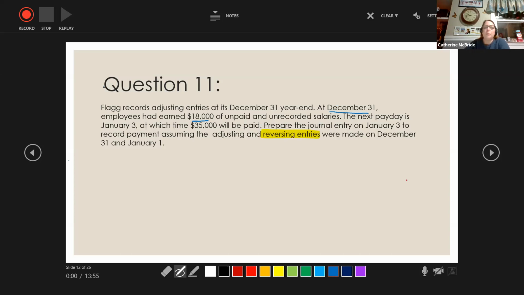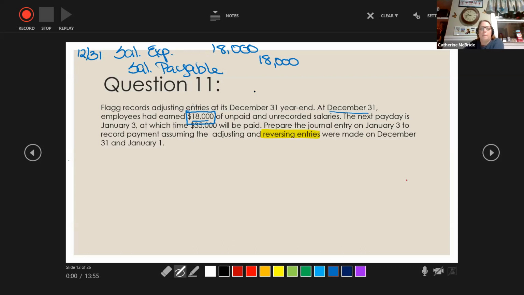So at December 31st, we would record salary expense and salary payable to put the salary into the correct period. You always have a journal entry for salary at the end of every month. So on 12/31, that's what we did so that this $18,000 ended up in the correct period.